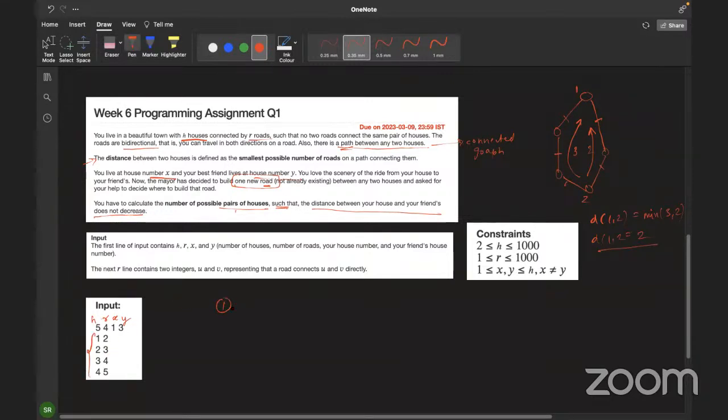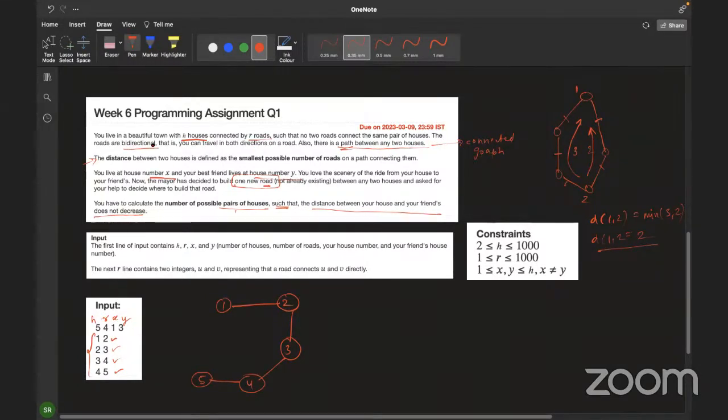It says that there is a road connecting 1 and 2, right? There's a road connecting 2 and 3. There's a road between 3 and 4. And there's another road between 4 and 5. It is a simple network. And if you see, it meets all the conditions that were mentioned in the first paragraph.